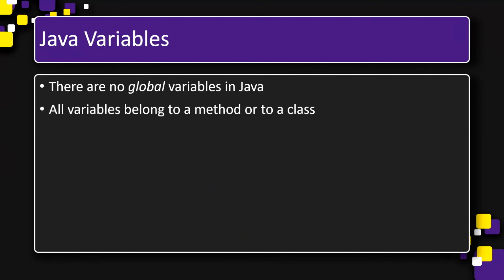All right. Java doesn't have any global variables, and this is really important to remember. All of your variables have to belong to a method or a class. So what we saw before was how to create a class object and store it as a variable. Now, you can't have that as a global variable. It's got to exist as some part of a class, which is why it's really important that we remember that we have to have a class that has a main method so we can actually run the program.